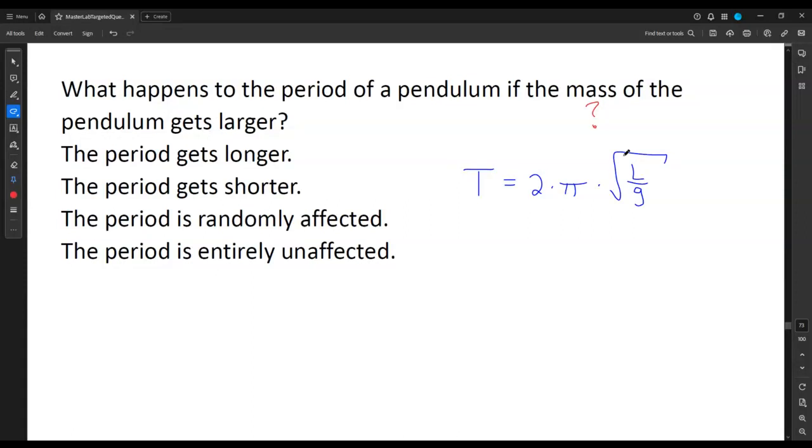If the mass is too light compared to the string or the rod that's connecting the pendulum to wherever it swings from, that's going to cause an issue. It's like you can't swing a feather on the end of a string. It's not heavy enough, but you can absolutely, soccer ball, football, baseball, bowling ball, you can hang those from a string and make a pendulum. All right, so mass just isn't here, and it doesn't matter basically as long as the object is heavy enough to really make a pendulum.